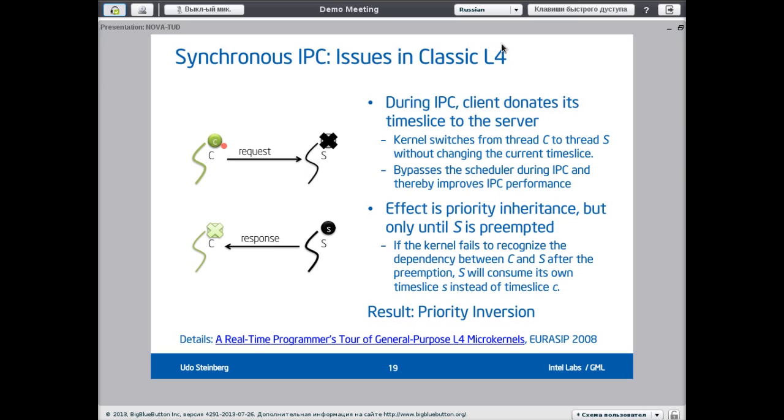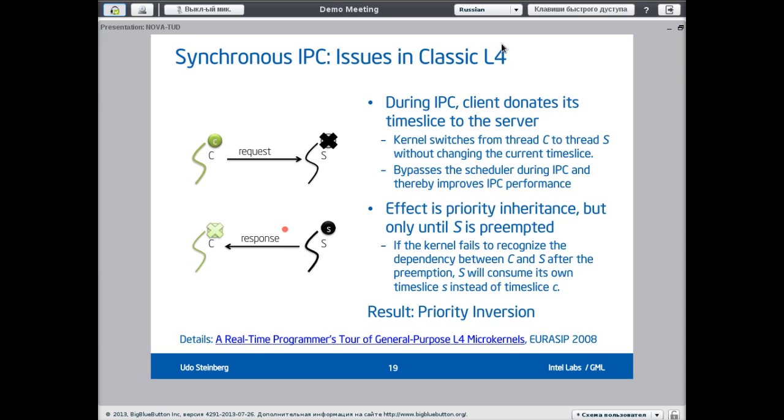So let's assume that there's a new thread, let's call it X, that preempts the client and the server communication, and runs. And after X has gone away again, the classic L4 kernel is unable to recognize that there's a dependency between C and S, and it will no longer schedule the server S on the green scheduling context, but instead will invoke the server S on its own scheduling context.